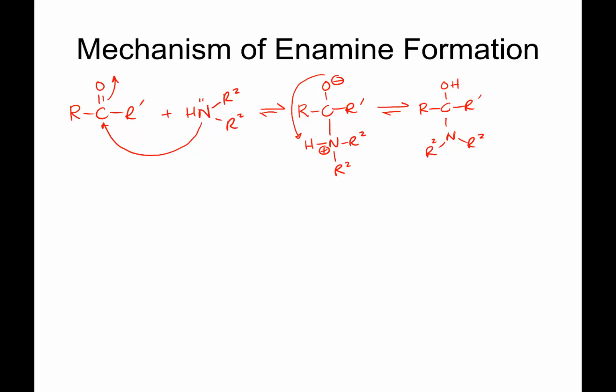Now, here's the problem. In the previous reaction, there was a hydrogen attached to this nitrogen that could be lost with the OH to form the double bond. In this case, there's no hydrogen to lose.